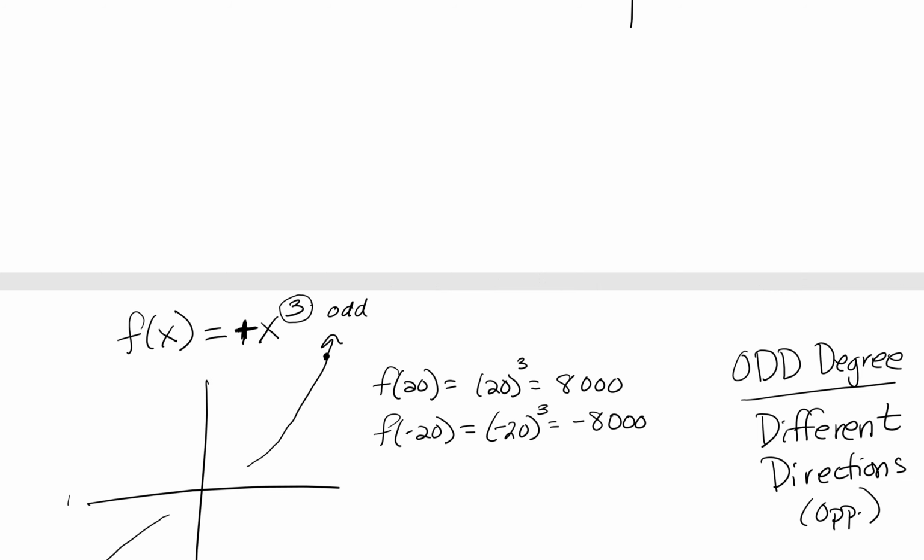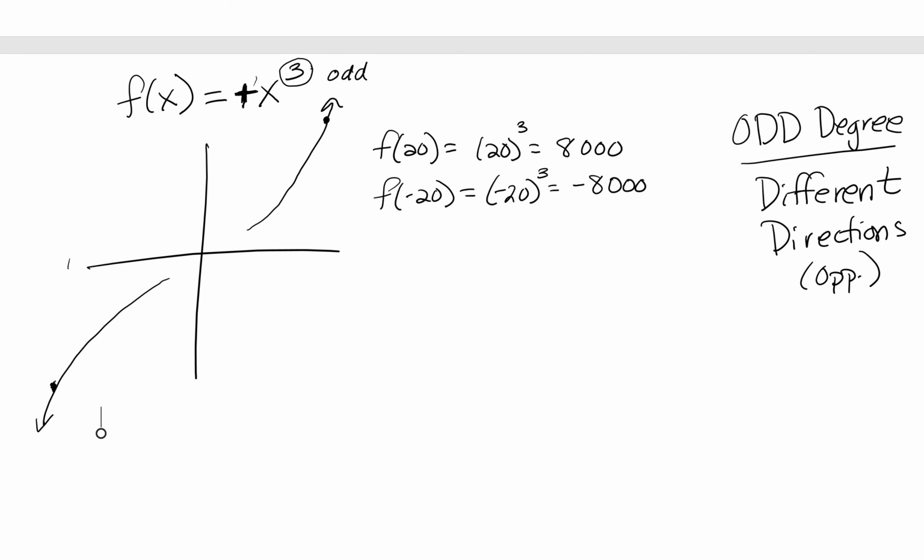Okay, so there's a pattern resulting here, and that is that the sign is basically going to tell the right side what to do. Let's go ahead and write our statement for this one. So as x approaches infinity, f of x approaches what? So that means as our function gets bigger and bigger, what is our function value doing? Our y values are going up, so they're going to infinity.